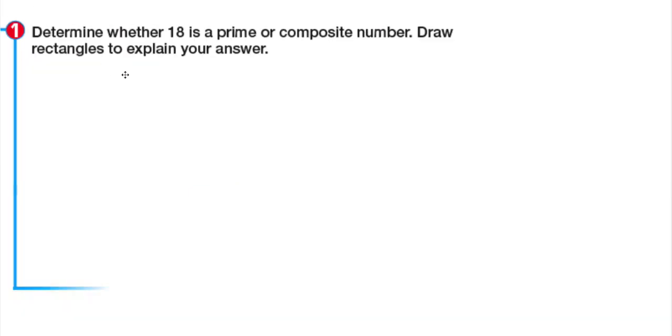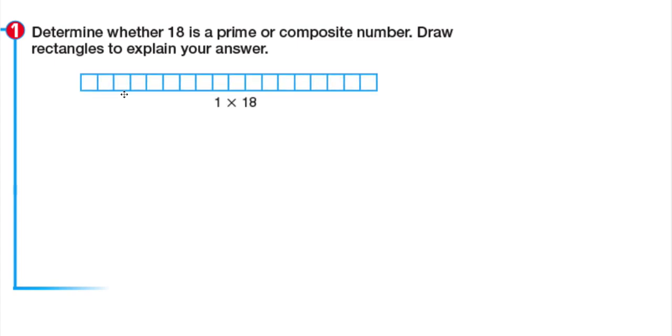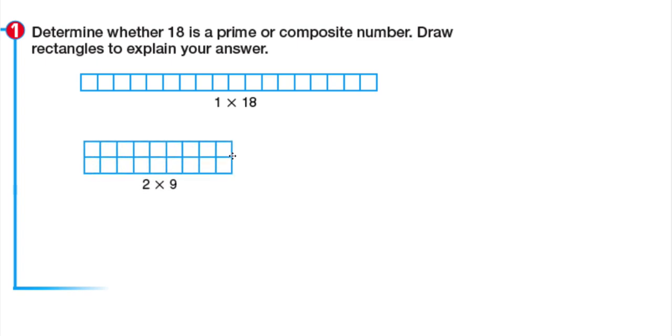Let's take a look at example number 1. Determine whether 18 is a prime number. Draw rectangles to explain your answer. Let's draw a rectangle for 18. This is a 1 by 18 rectangle. I can also draw a 2 by 9 rectangle, and a 3 by 6 rectangle.